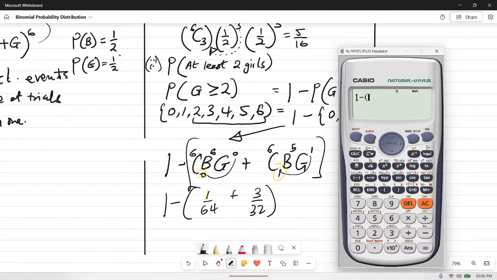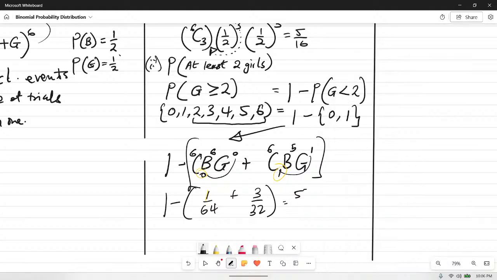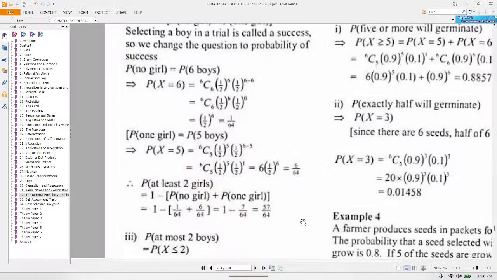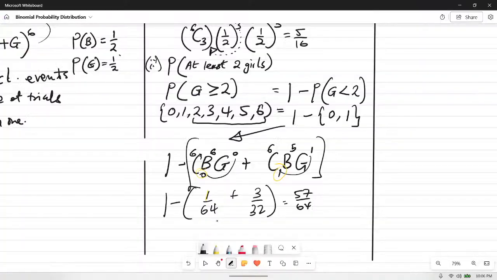Minus 1 over 64 plus 3 over 32. 57 over 64. I have the same answer, 57 over 64. Well, yeah, they had 1 over 64 plus 6 over 64. Okay, so that's how I'll be doing it too.